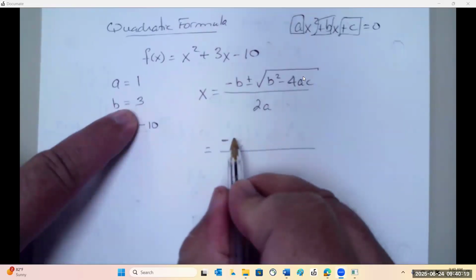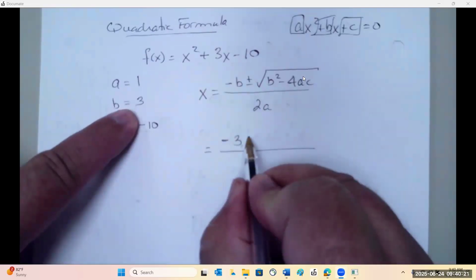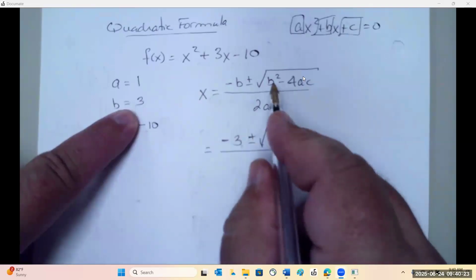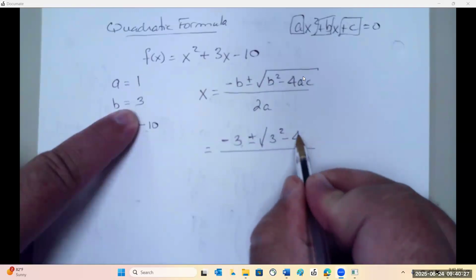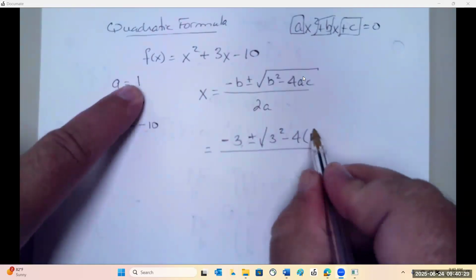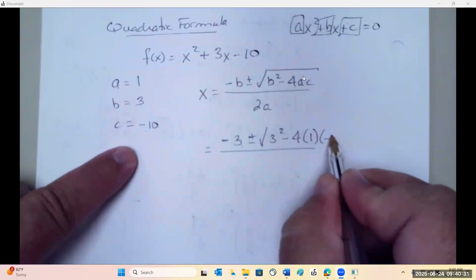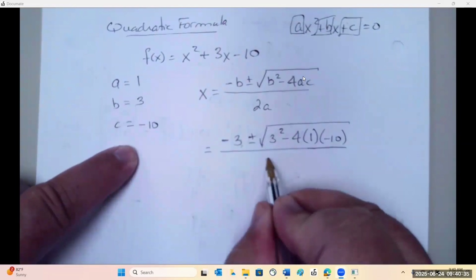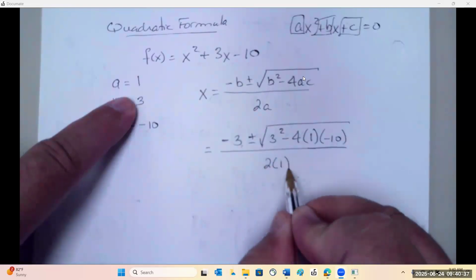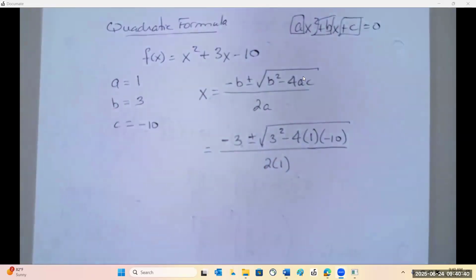It's 3, plus or minus the square root of b, which is 3, squared, minus 4 times a, which is 1, times c, which is negative 10, over 2a, which is 1. The hardest thing about this process is you have to know how to do your algebra in the order of operations.